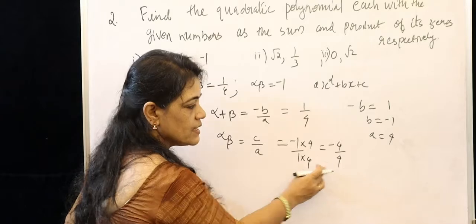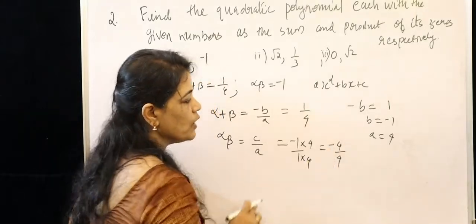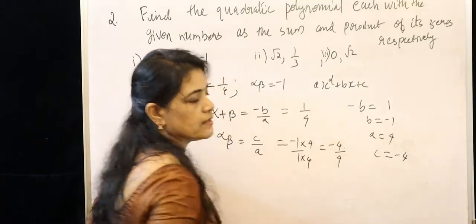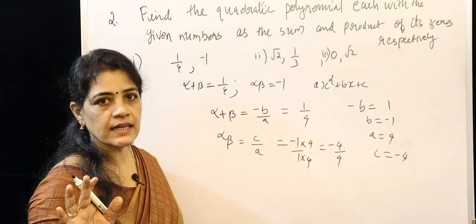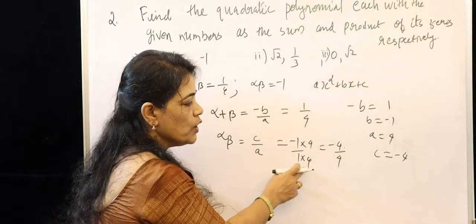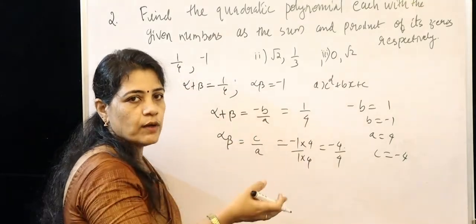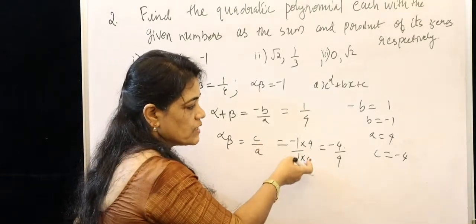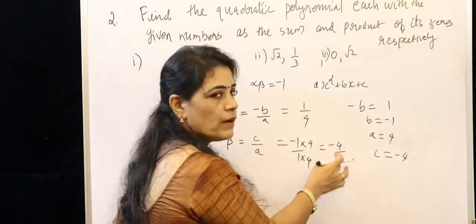So in this case a is also the same, 4, but c is equal to negative 4, the numerator. Is the idea clear, children? When minus 1 comes, since a is 4, you just make it an equivalent fraction by multiplying both numerator and denominator by 4, so minus 4 by 4.